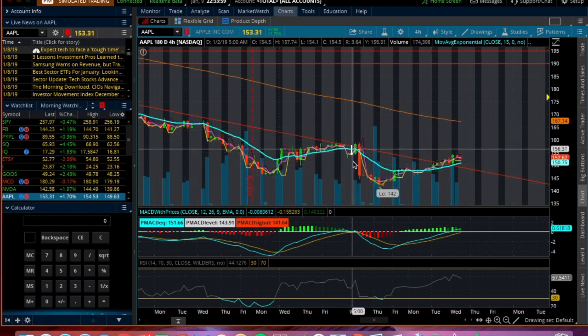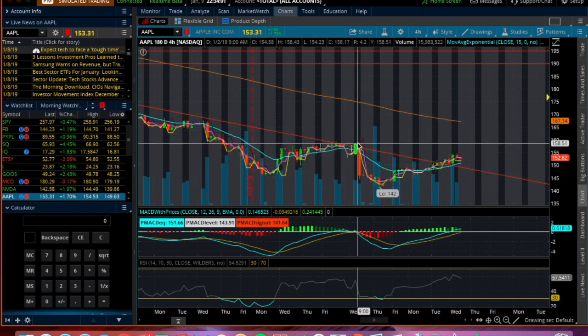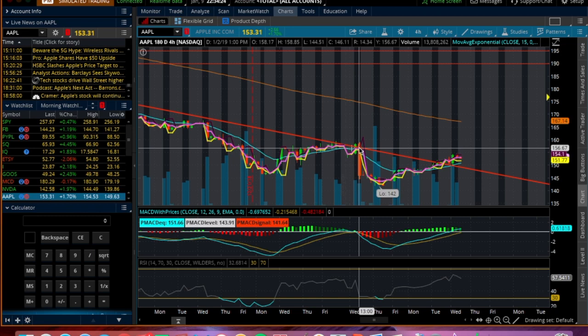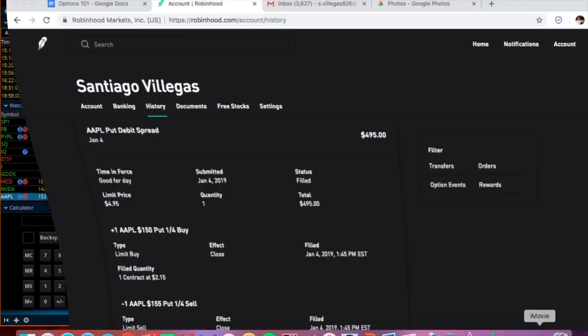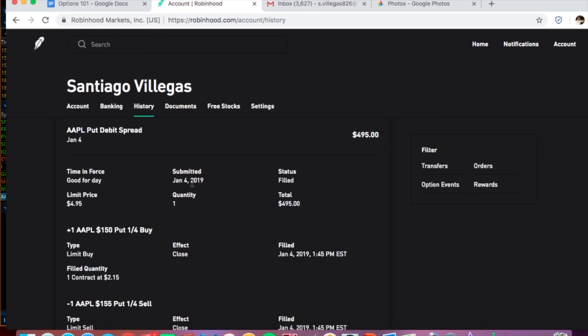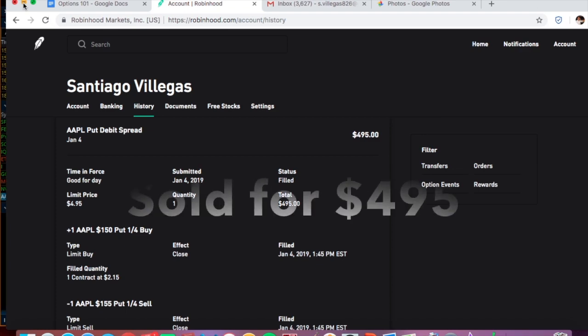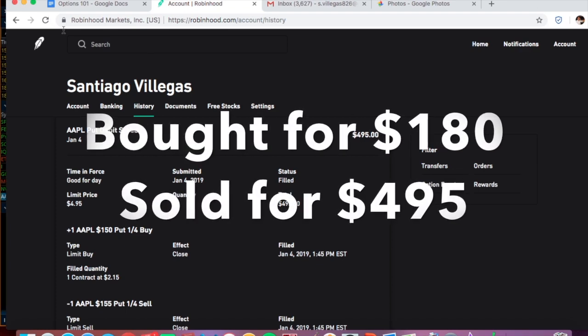So right around this day was when they actually came out with news that their revenue was actually less than expected. So it tanked from the 156 area all the way down to the 142 area. So I ended up getting filled on January 4th, and the contract that I actually bought for $180, I sold for $495.